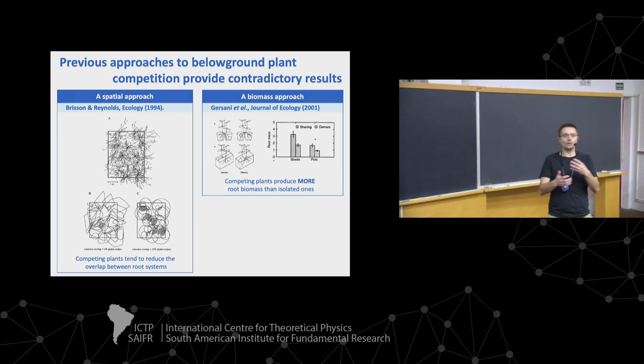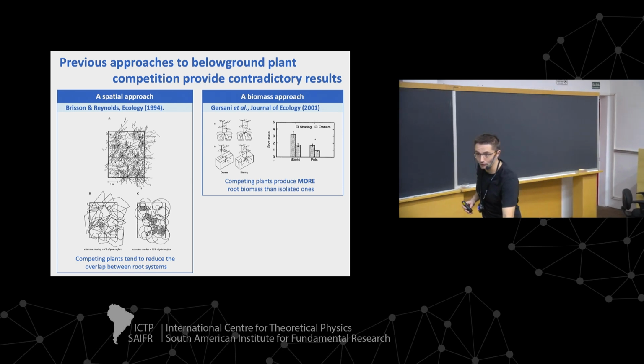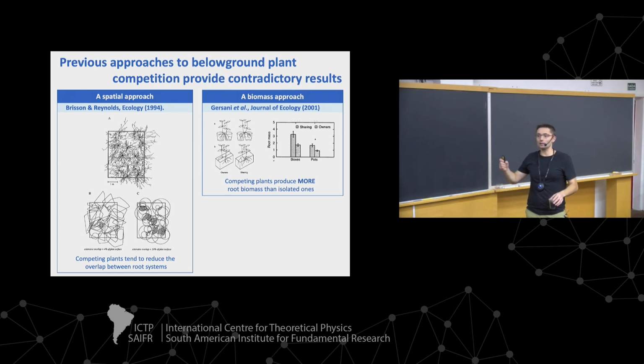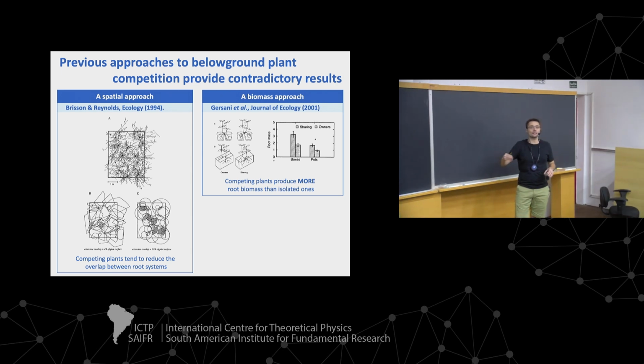And then you enter into this kind of fight to see who takes more resources, that at the end takes you to an equilibrium in which you allocate a lot of biomass into your root system. This somehow leads to what some of you may be familiar with, a tragedy of the commons. So you are allocating a lot of resources into over-exploiting a resource, and at the end you are in a suboptimal resource intake strategy, which is pretty bad.